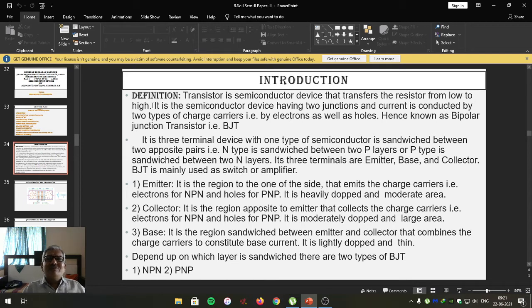What is the proof for this? This we are going to study when we will study the biasing of BJT. At that particular point, we are going to say that okay, the definition is valid, so that this makes you understand there is a transfer of resistor from low to high that takes place.